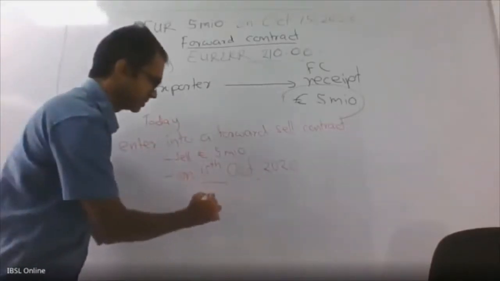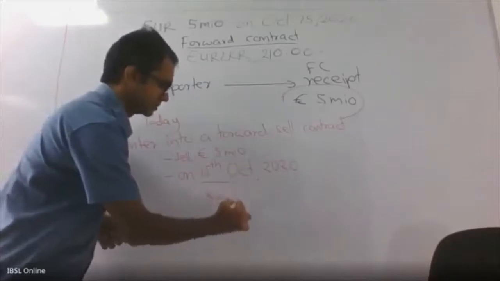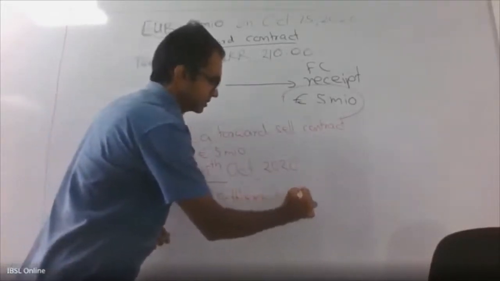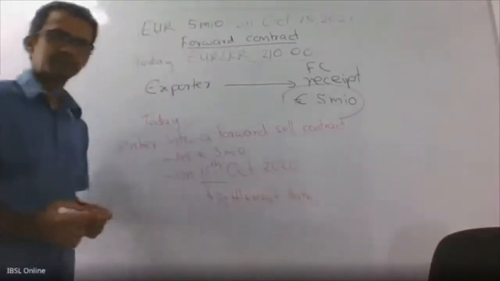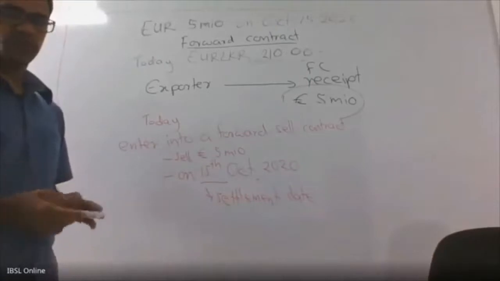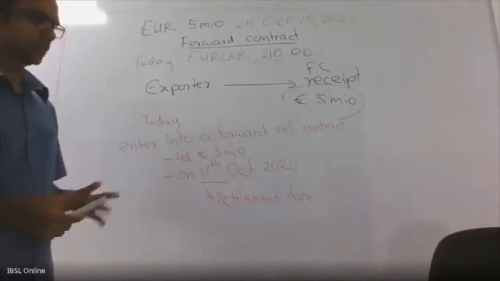This is the settlement date. You may remember, how do we classify a transaction, whether it's a forward or a spot?